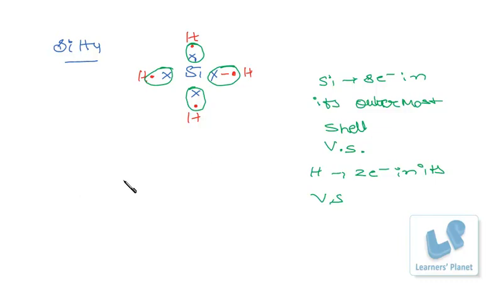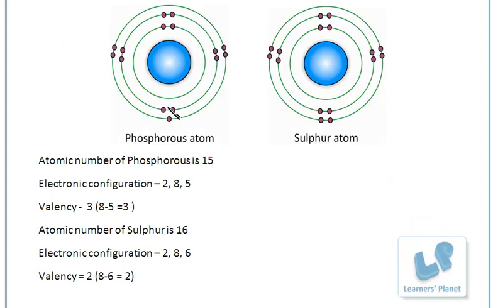Now let's take a few other elements. Here is another example, the phosphorus atom. What is the atomic number of phosphorus? It is 15. Its electronic configuration is 2, 8 and 5. Now in this case, it can't lose 5 electrons.